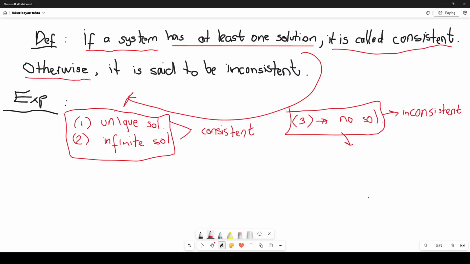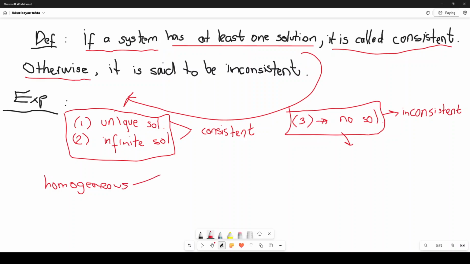In that case, a homogeneous system has either a trivial solution or a non-trivial solution. So if we have a homogeneous system, do we actually need to check whether our system is consistent? No, we don't need to do that.